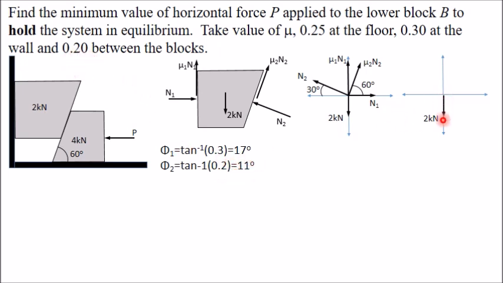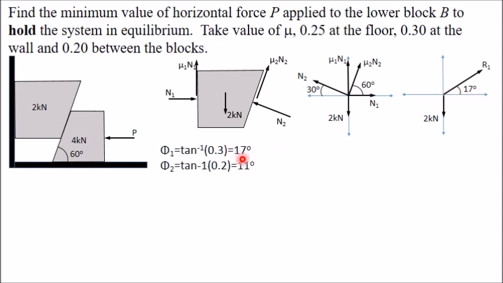The 2 kilonewton weight I have already drawn. Now in place of N1 and mu1 N1, you can draw a reaction R1, which will make an angle of phi 1 from N1. This is N1, and from here you draw R1, which makes an angle of phi 1 from N1, that is the x-axis.